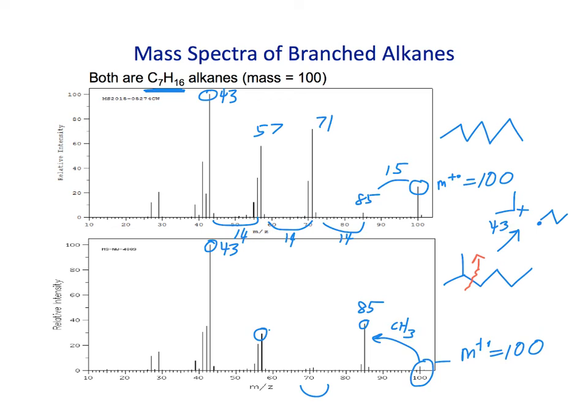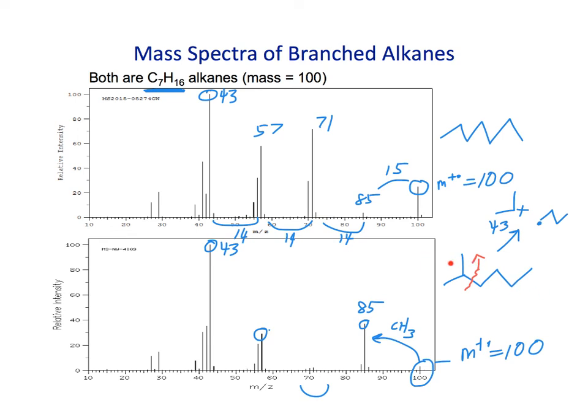What about the 85? Where would we lose the methyl group? We have 3 methyl groups, right? We could lose this one over here, or we could lose either one of these two. So do you think you're going to lose this one preferentially? If we cleaved here, what kind of carbocation would we get? Primary, right?